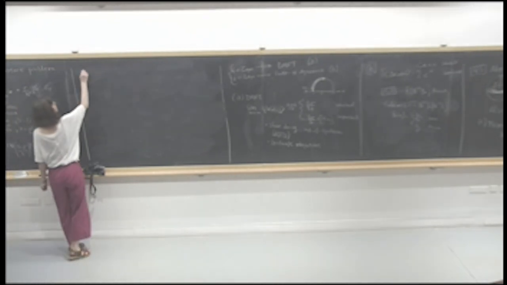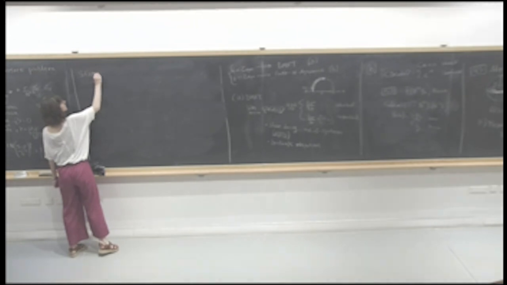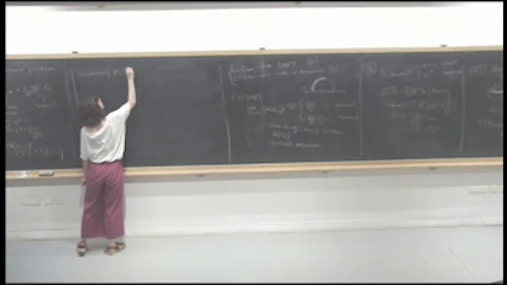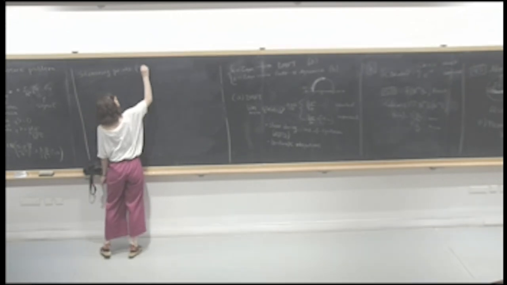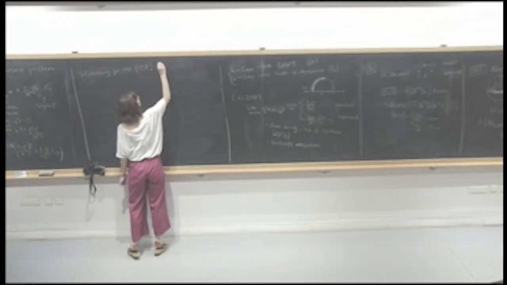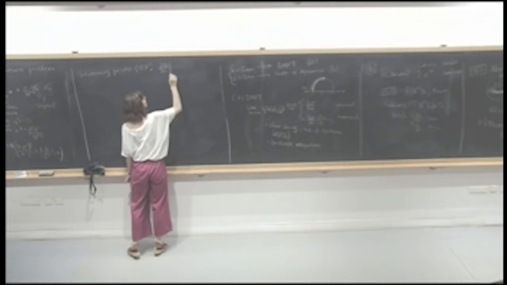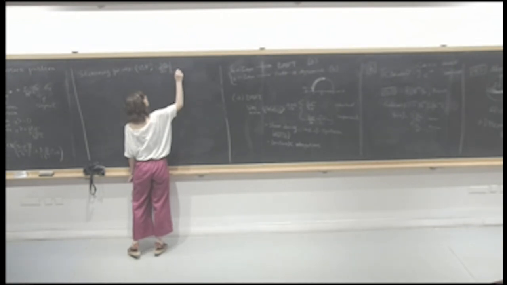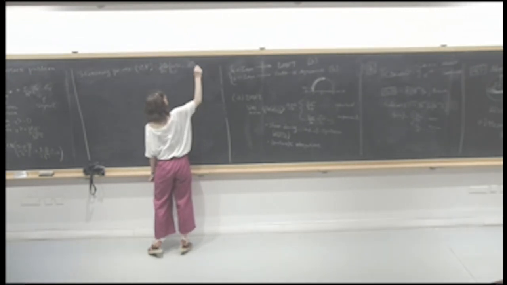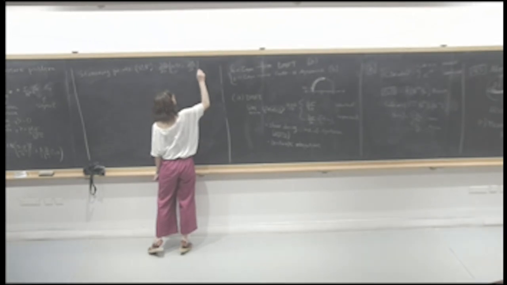You define again your stationary points as pairs S star, lambda star, which are such that the derivative of this landscape with the Lagrange multiplier with respect to each component evaluated at this point is 0, and then you also have the derivative with respect to the multiplier itself.